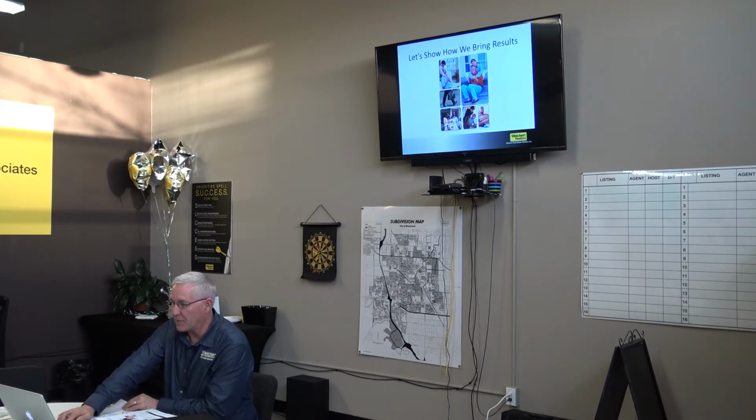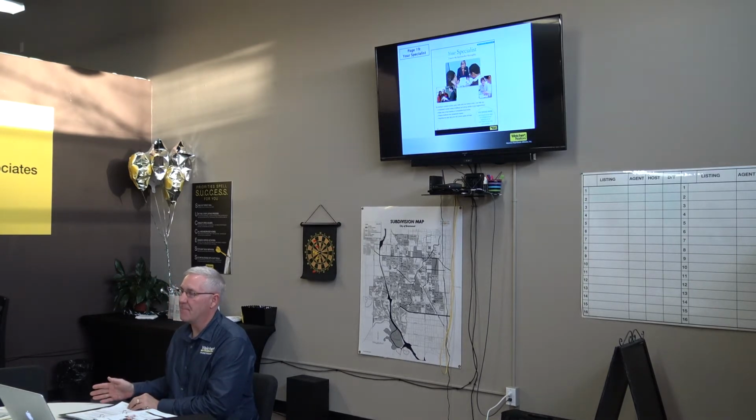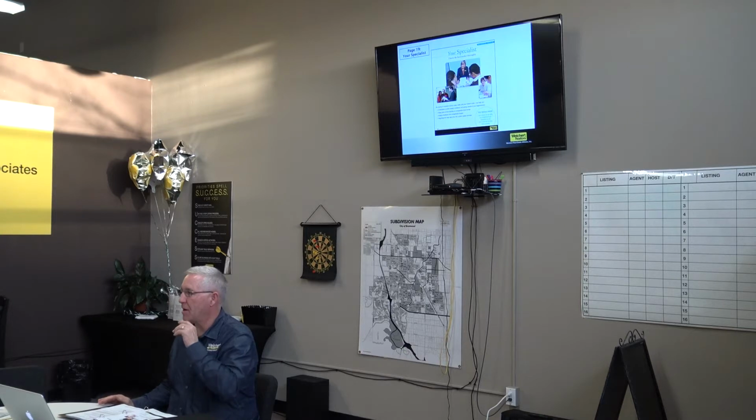Again, these are all things in the listing presentation. How you bring results: you're a specialist who knows the market thoroughly. When you're going to do a listing in an area, especially if you're new and you've not been to some areas, get there ahead of time. If you know that you're going to have a listing appointment in a few days, go drive the streets, drive up and down, know the area, know where the main things are, know what amenities are around there.